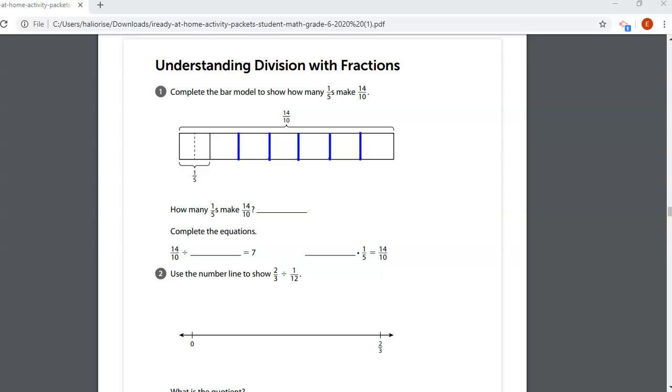Over here, they divided the 1/5 into half. So 1/5 divided into 1/2. If you see that this is 14/10, so if we divide all of these into 1/2, I'm going to do dots instead because it's easier using a mouse.